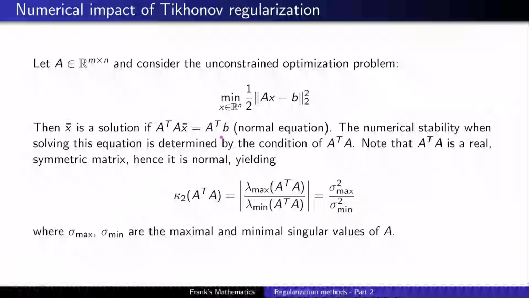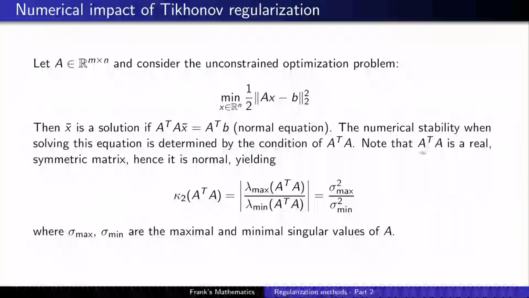And if you want to solve this normal equation, you are limited by the condition number of the matrix in front of x bar, which is A transpose A. Since A transpose A is a real symmetric matrix, it is a normal matrix, which means it commutes with its adjoint.